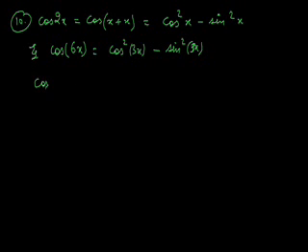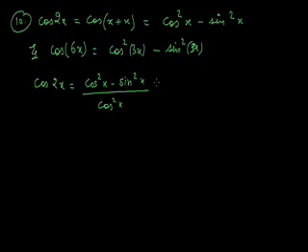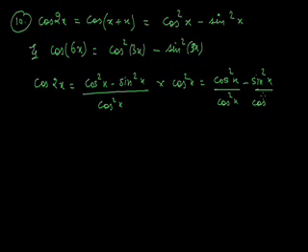Now, in terms of tan x, let's divide and multiply this equation by cos square x. So you will get cos square x minus sin square x whole upon cos square x into cos square x. Now this will become cos square x upon cos square x minus sin square x upon cos square x into cos square x.